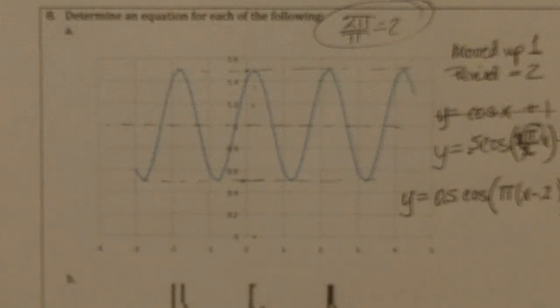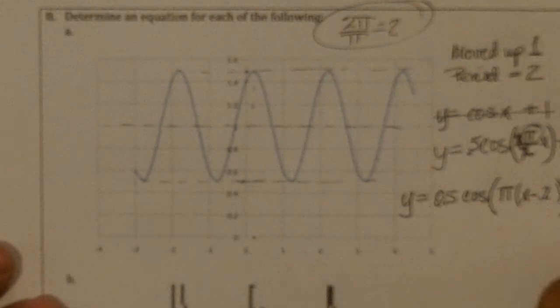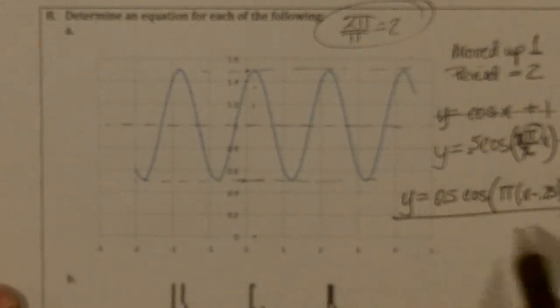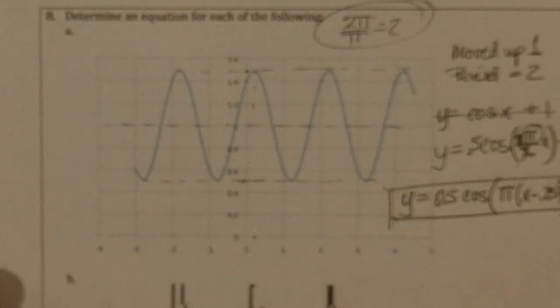I think I actually did 0.25 on this, but I'll just leave it 0.2, plus 1. So anything close to that. I think that's what I actually did to make this equation, but as long as you've got stuff that makes sense here, that would be fine with me.